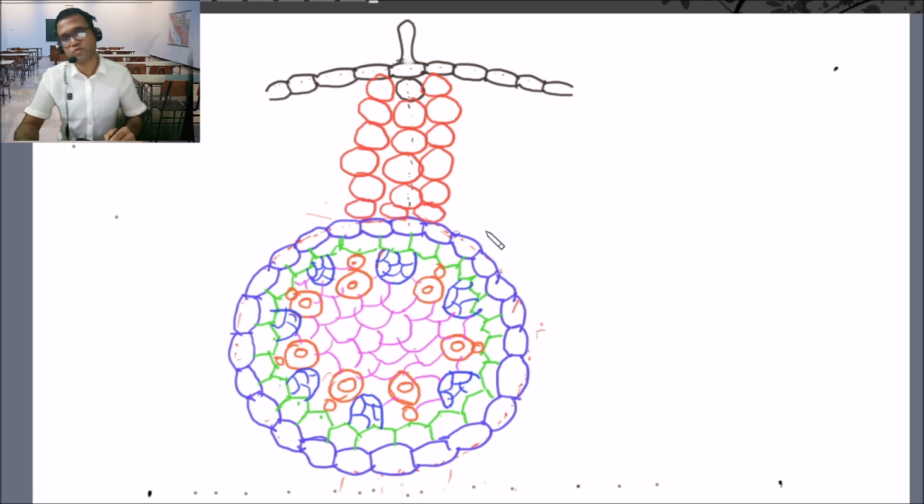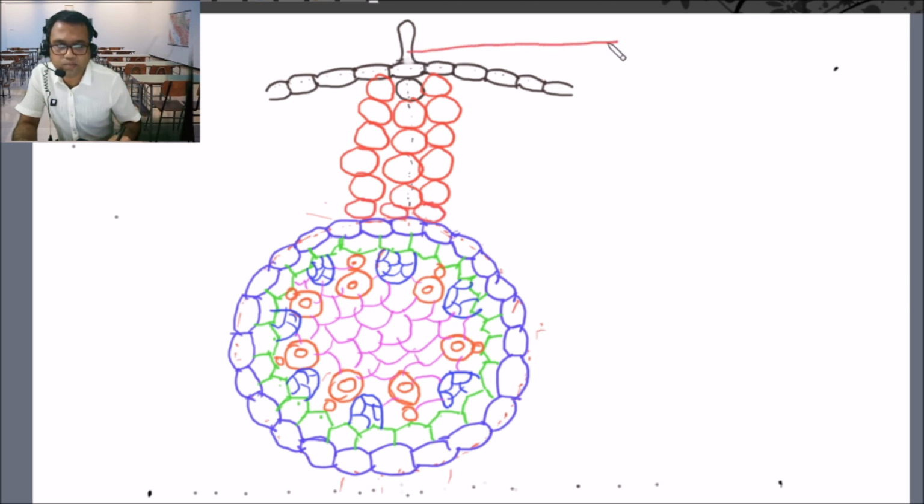Now we have to label this diagram. This one is root hair.